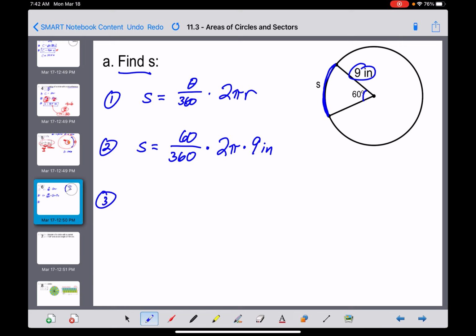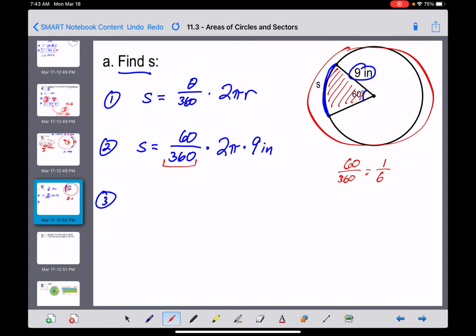Now, if I were you guys, I would go directly to my calculator and type all of this in. I just want to make the point that 60 over 360 works out really nicely. If you divide 60 out of both of those, that fraction becomes 1/6. So this is like taking a pizza and cutting it up into 6 slices, and what we have here is 1/6 of this entire pizza.